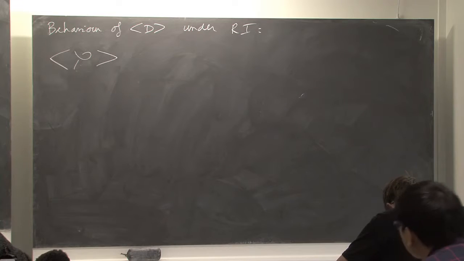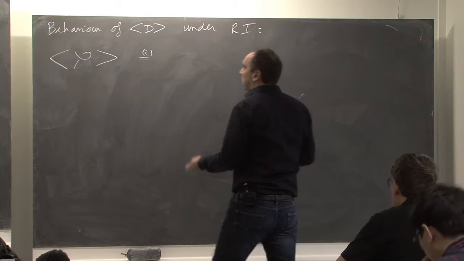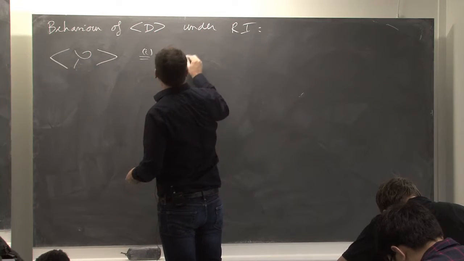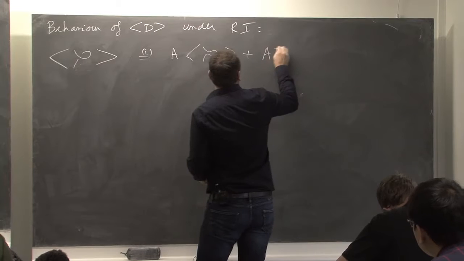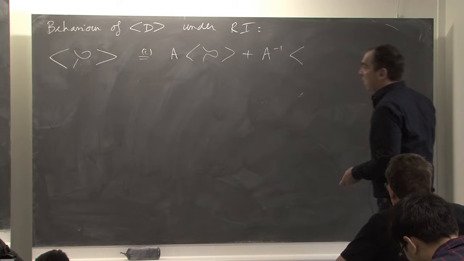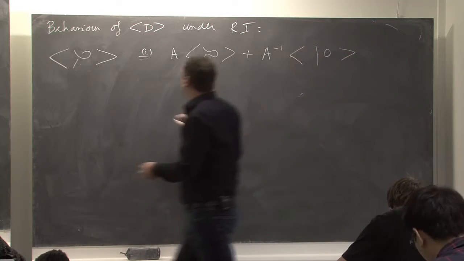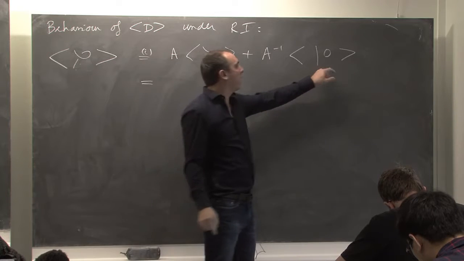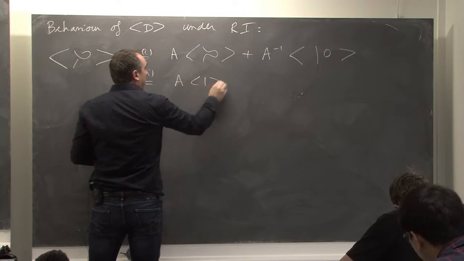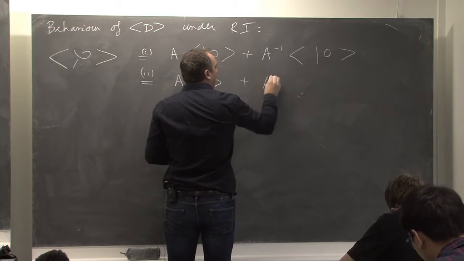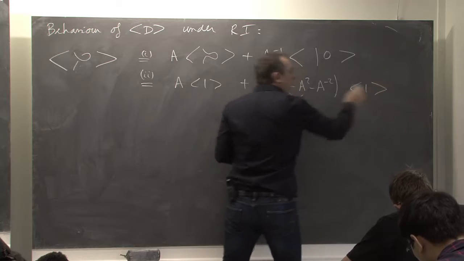So we apply 1 to the crossing. So what it is, A plus A inverse. Now here I can apply 2 to this one. If I apply 2, it's A inverse times minus A squared minus A minus 2. Okay.